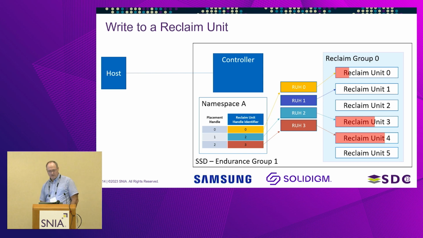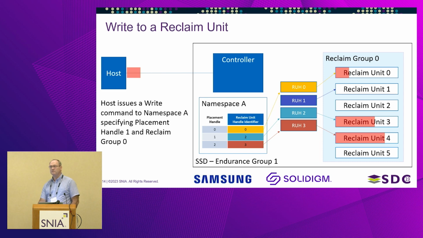So what I'm going to do here is let's walk through a write sequence. Let's say the host issues a write to this controller to namespace A, the only namespace that I have here, and we're going to use placement handle 1 and reclaim group 0, and there's only one reclaim group, so I'm not going to mention reclaim group.